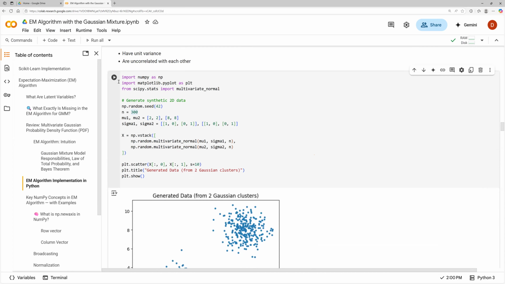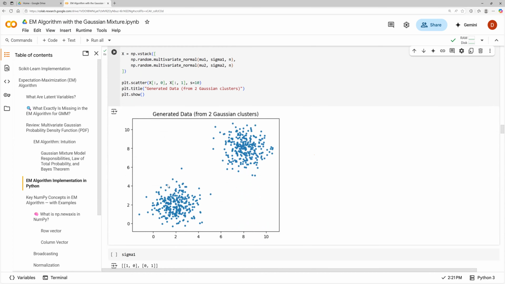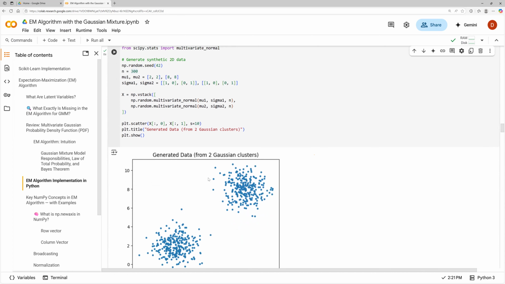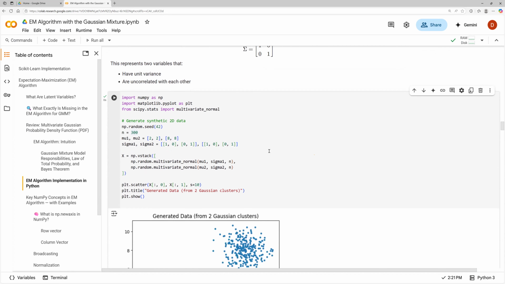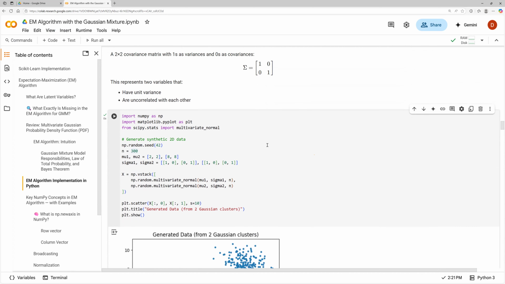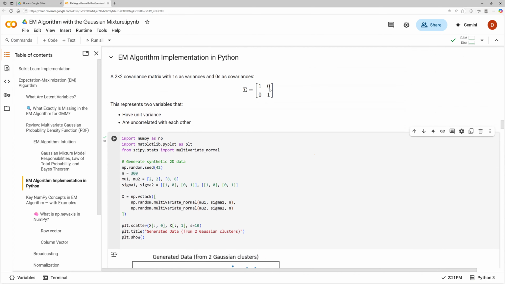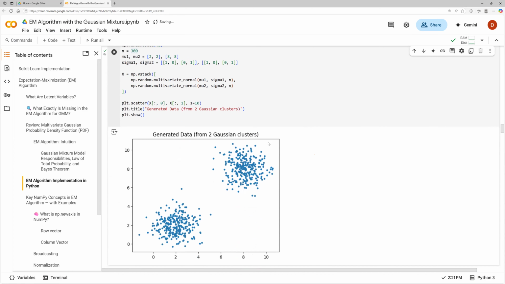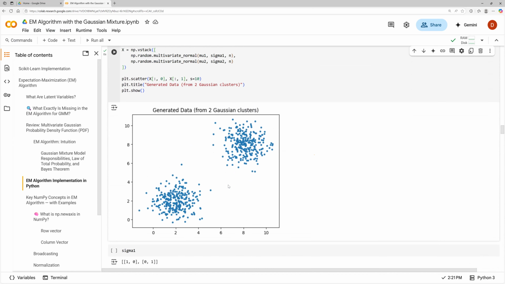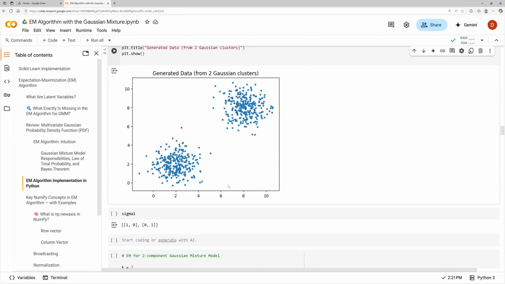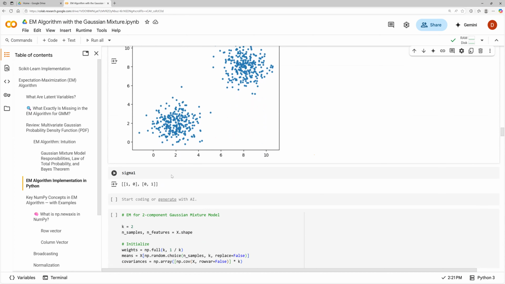Basically, if we run something like this, we see that the clusters are pretty well separated, and the reason why is because the covariances are 0. We'll see later on, when we play with these covariances, how that affects how well separated these clusters are. So there's quite a few things to be thinking about when you're working with something like this.